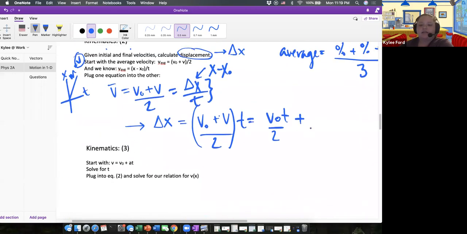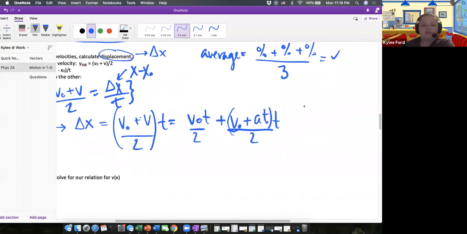So I'm going to say v naught plus a times t, all of that over 2 times t. So again, I plugged in my v here as v naught plus a times t, like we had above. That's all I've done so far.